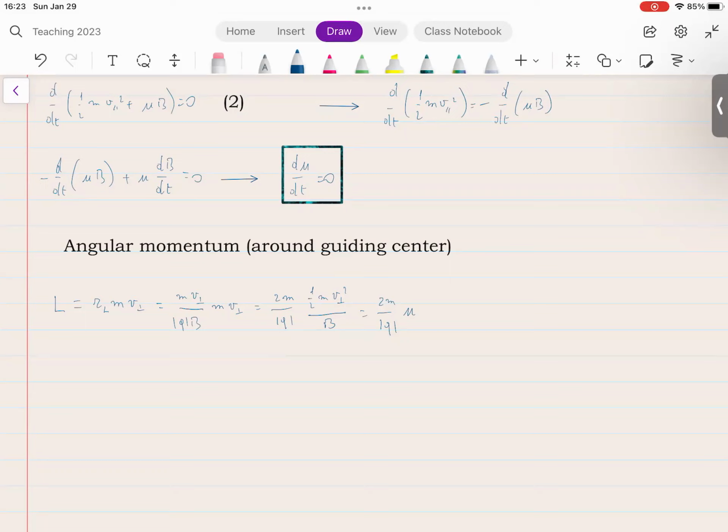I could redo the proof by using the canonical momentum, but we'll leave that be.